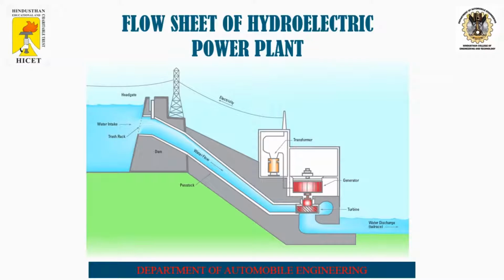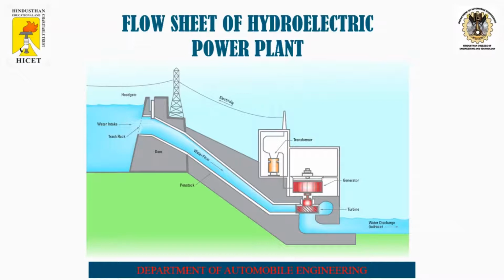In this diagram you can see that water is stored at a very high level with a very high head and pressure in a dam, and it is sent to a lower area with the help of a penstock. The pipe is known as a penstock, and in most cases it is a continuously reducing diameter pipeline, which is made to hit directly onto the turbine blades.